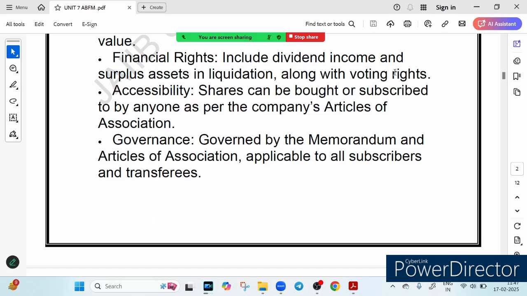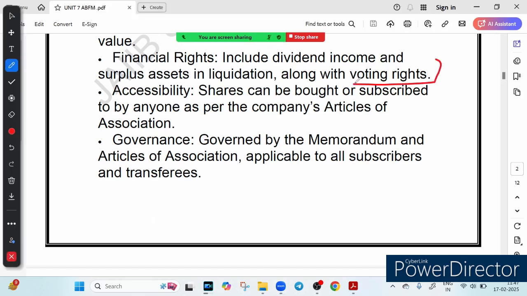And there is something called voting right: shareholders have the right to vote to decide the company's future. Let me remind you: the first is dividend, the second is leftover assets if the company goes into liquidation, and the third is voting right. These are the rights available to the equity holder.